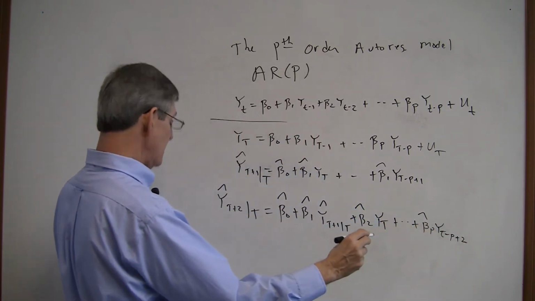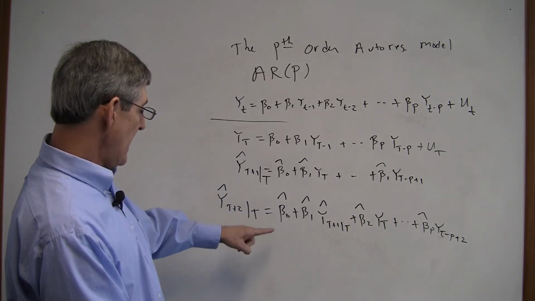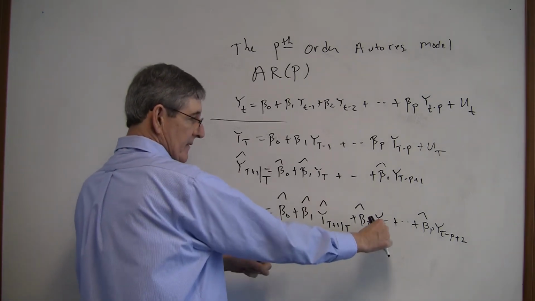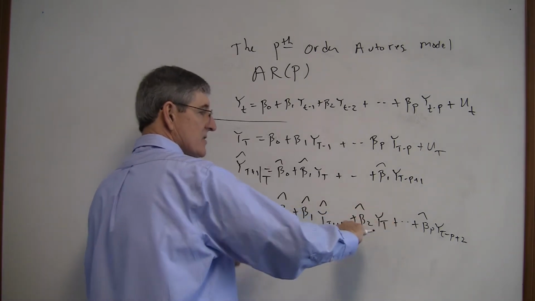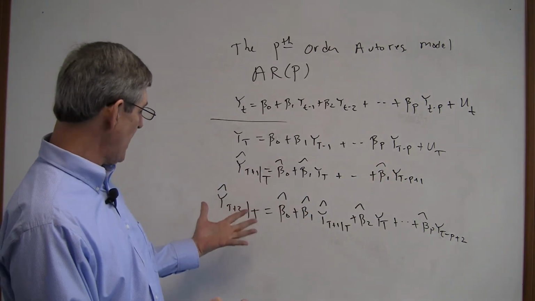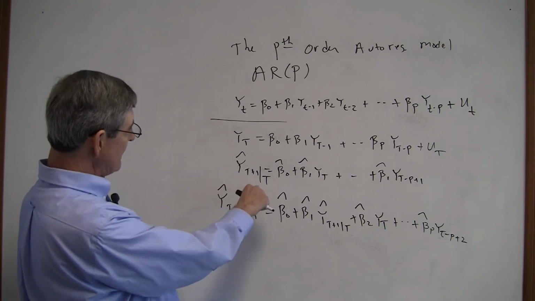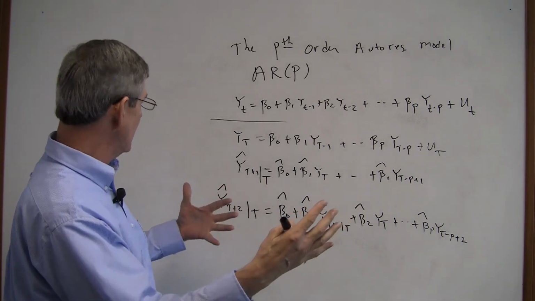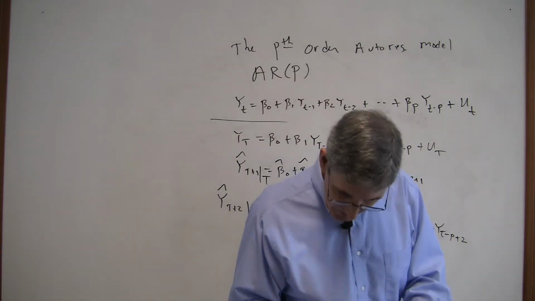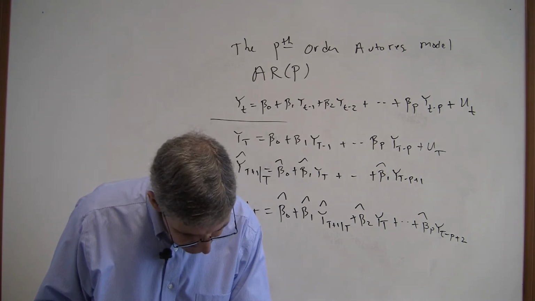Or 1. 2, yeah, I've got another period ahead. And if I went to t plus 3, I'll need a hat here and so on. And you could just keep going as far as you wanted with this kind of a model. And then you would evaluate the forecast in the same way. You would just look at y hat t plus 1 given t minus the true value, which would be the forecast error. So there's nothing different here really except that we've generalized the model.